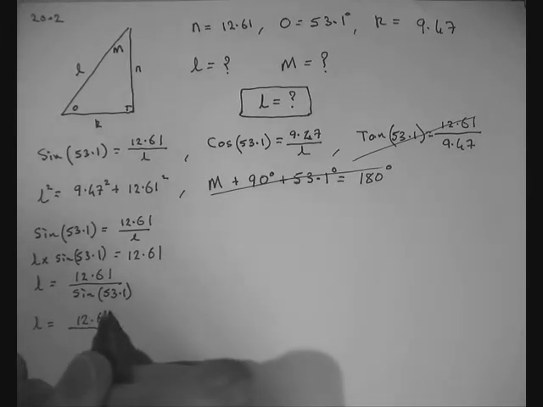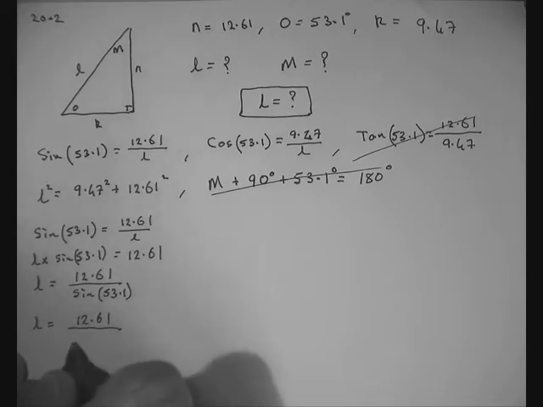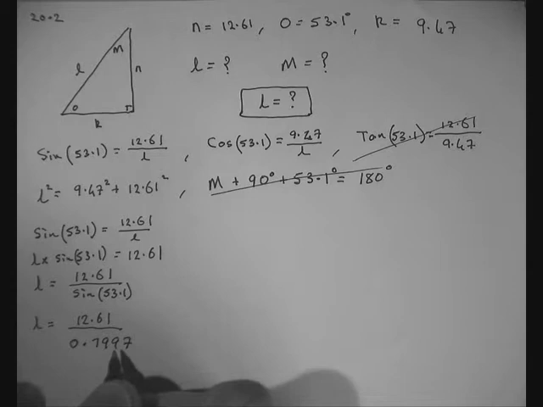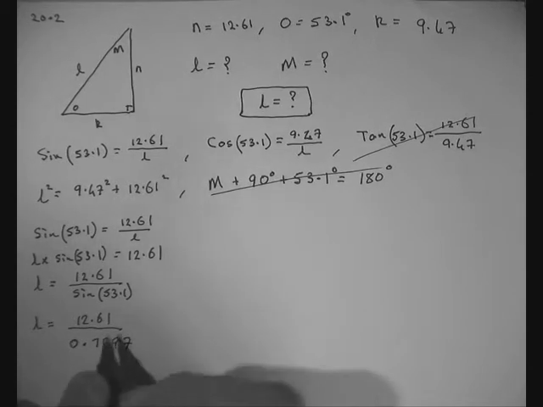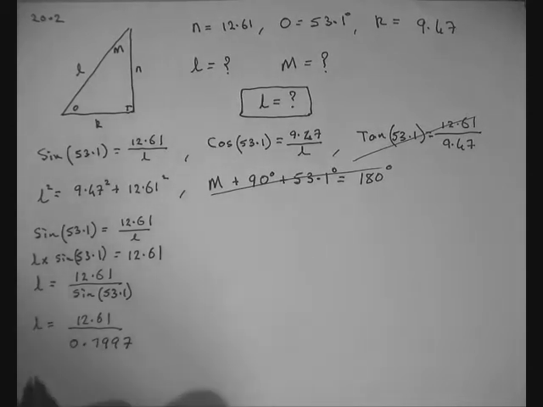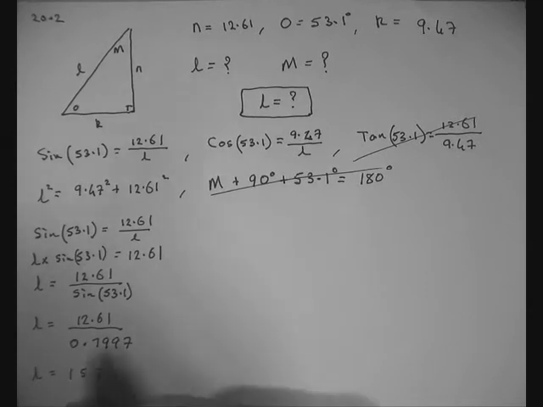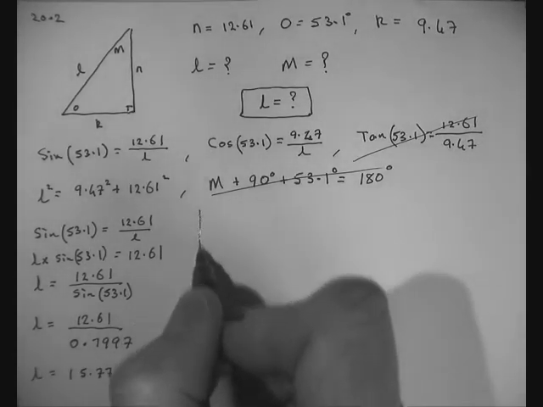We do a bit of calculator work and we find out the sine of 53.1 is 0.7997 to 4 decimal places. Bit more calculator work here to find what L is. L is equal, divide 0.7997 into 12.61 and we got 15.77. That's an answer we have for L.